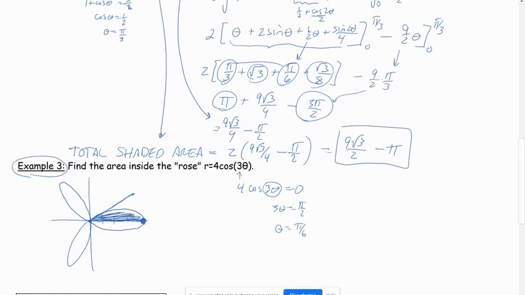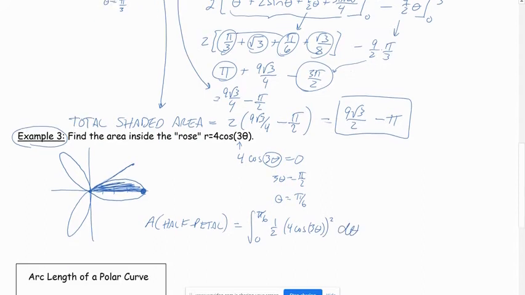multiply by 6. And so the area of the half petal is equal to the integral from 0 to pi over 6 of 1/2 r squared d theta.